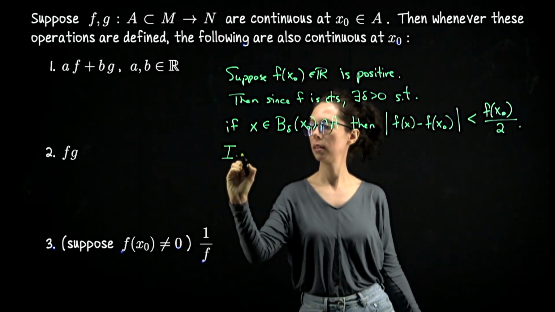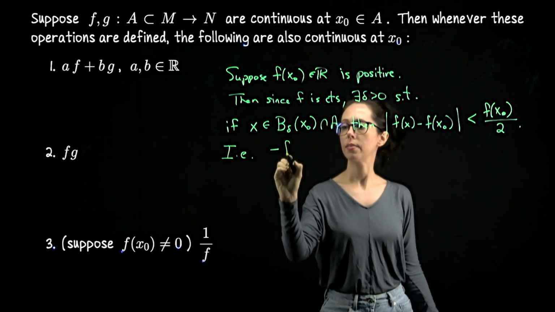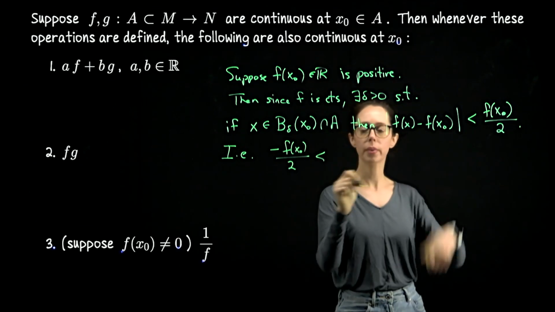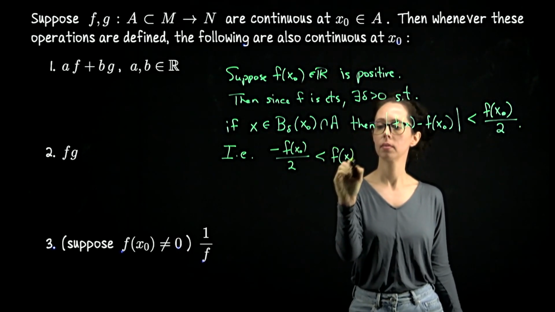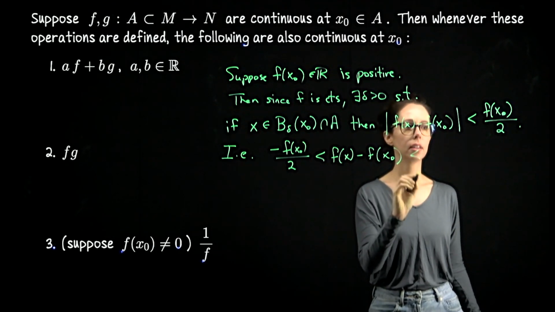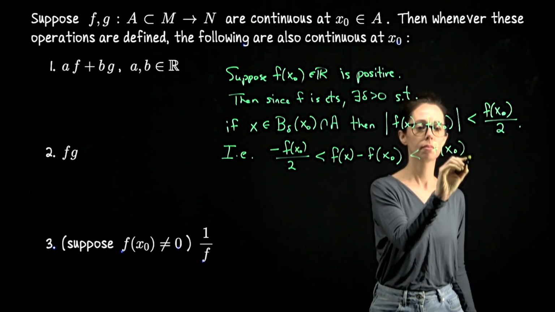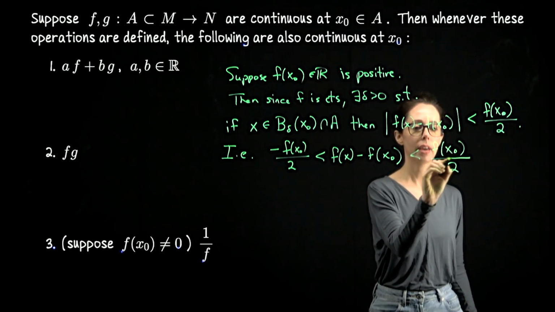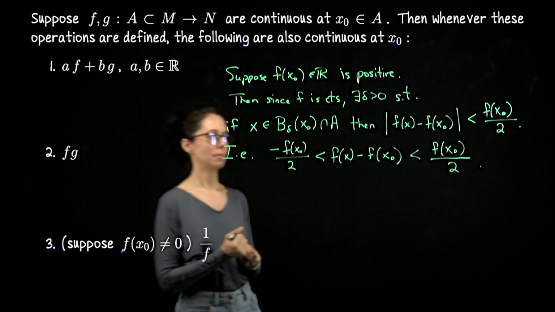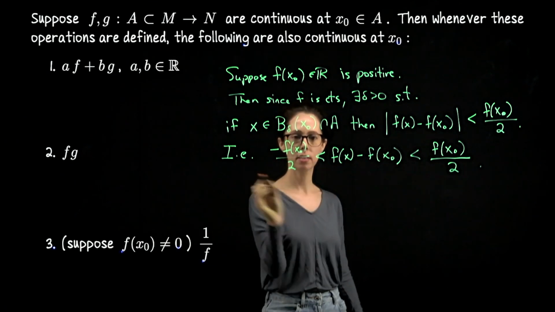I.e., let me unfold this inequality. So I'll write negative f of x naught over 2 less than this without the absolute values, and then less than f of x naught over 2. Let's add f of x naught to every term in this triple inequality.